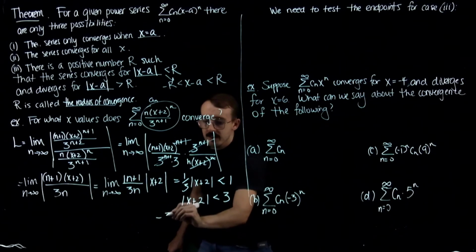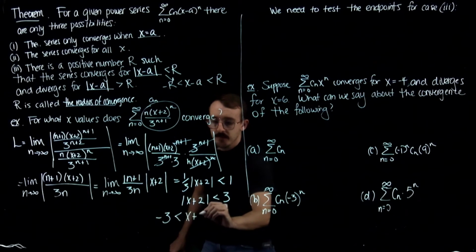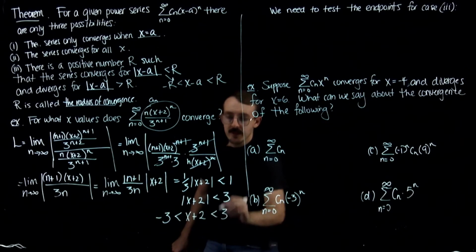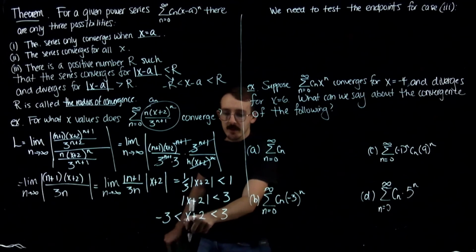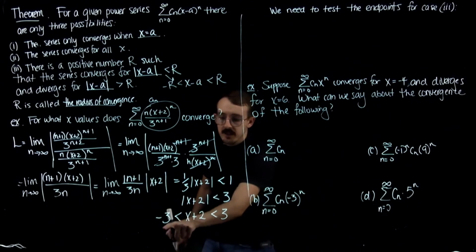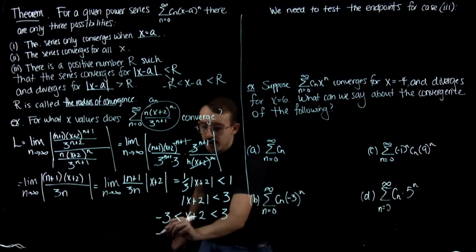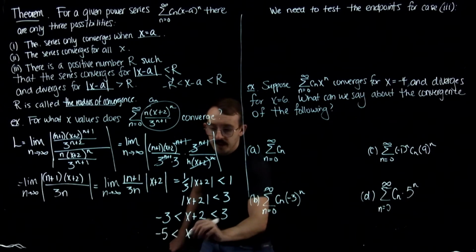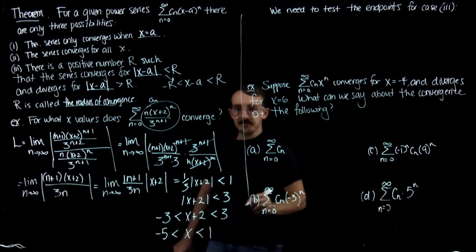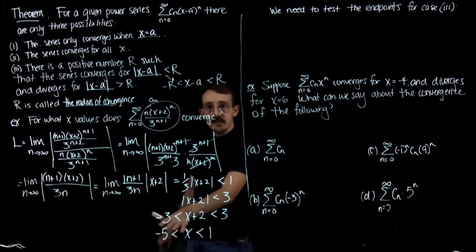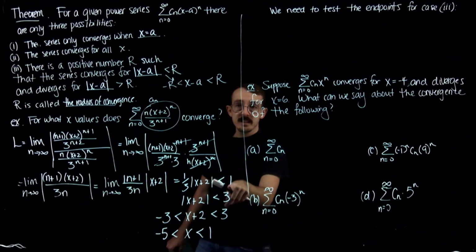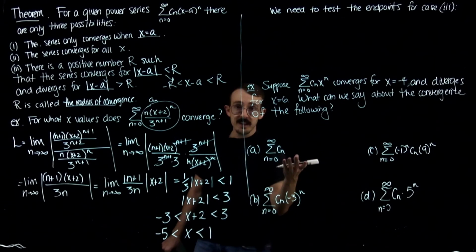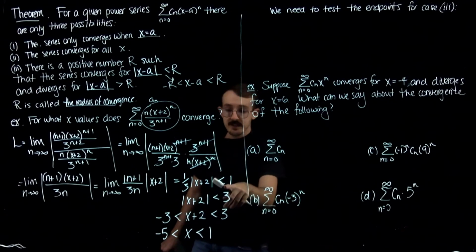You can say this is the same thing as negative 3 is less than x plus 2 is less than 3. And then if I simultaneously solve this by subtracting 2 from each piece, I'll get minus 5 is less than x is less than 1. So for all of these values of x, the original series converges because it satisfies that the limit is less than 1, which is one of the criteria for the test.